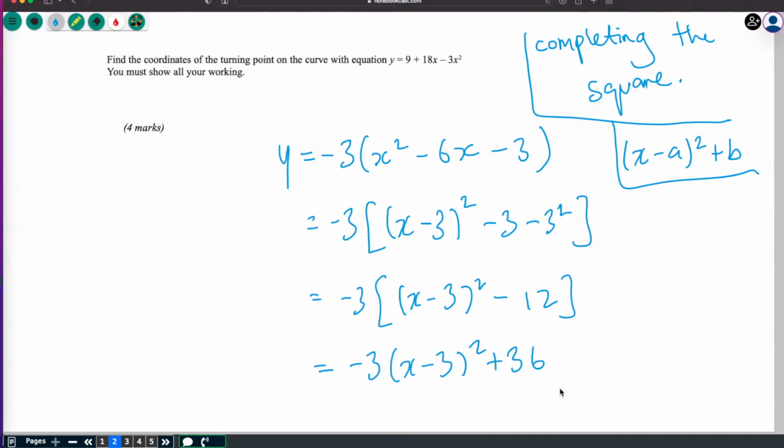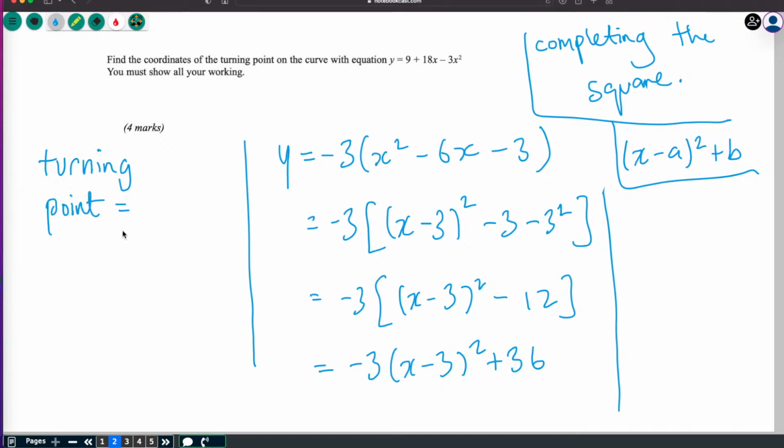Okay, can someone tell me what the turning point will be now? And again, I know there's a little bit of a delay, but hopefully that comes through before I get to the answer. Turning point from this equation, when you have it in this form, the turning point is (a, b).